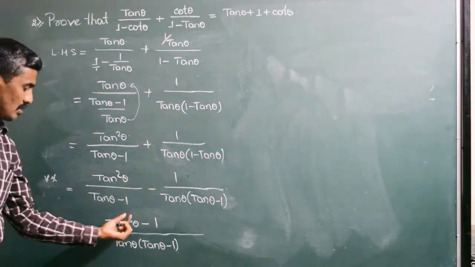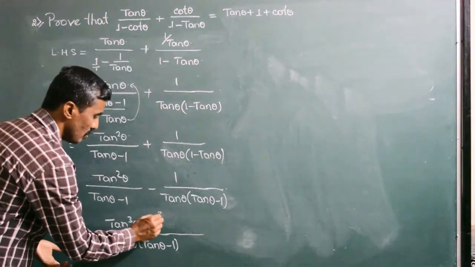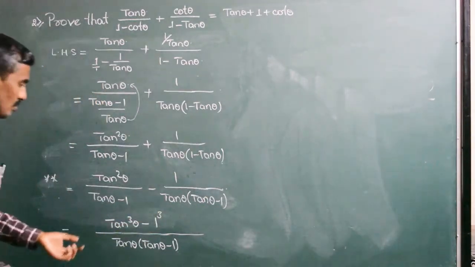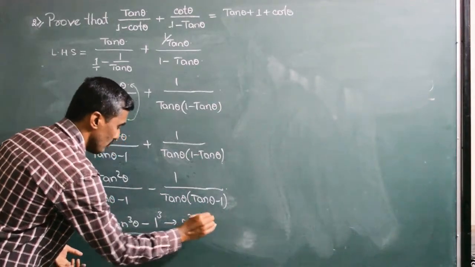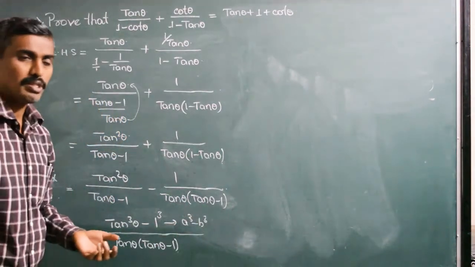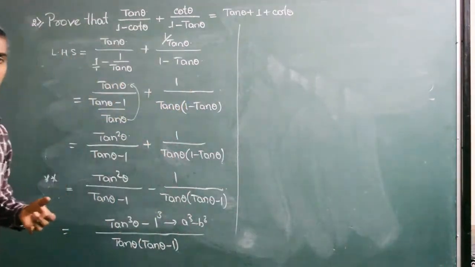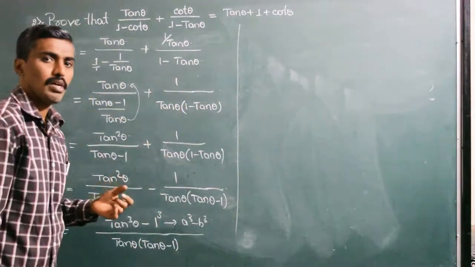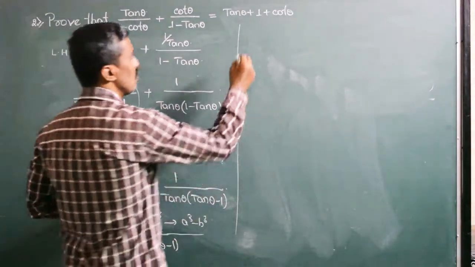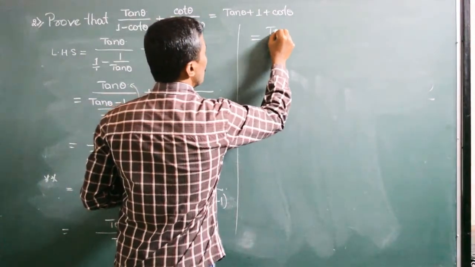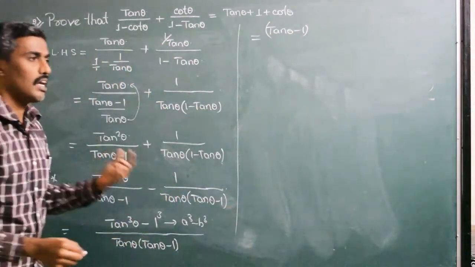But the first term is in the cubic form, but 1 is not in the cubic, but we can write it as 1 cube, correct? So now it is of the form a cube minus b cube. So what is a cube minus b cube? Just as we have seen in the earlier problem, that is a minus b into a square plus b square plus ab. A is tan, so therefore a minus b, tan theta minus 1, into a square.